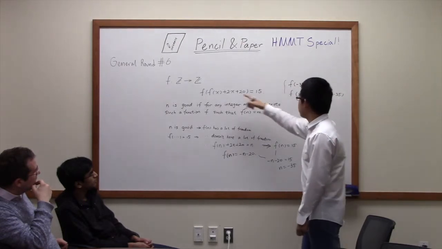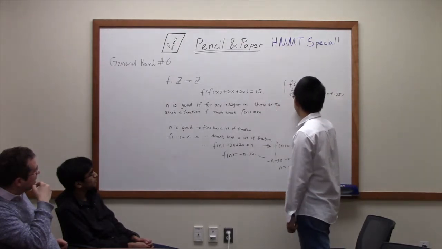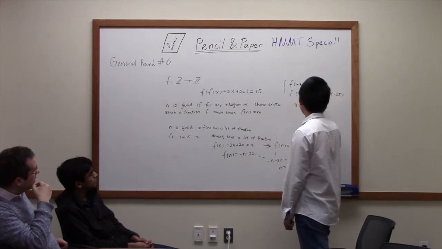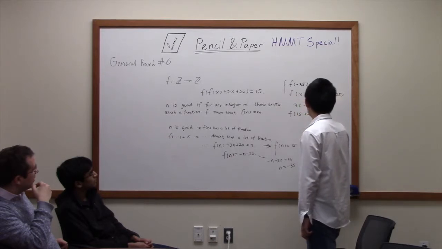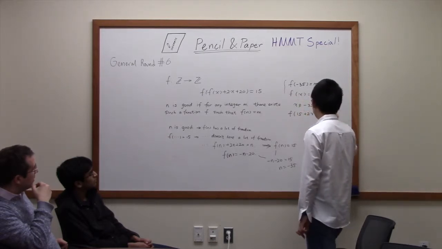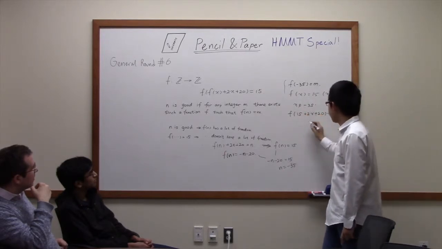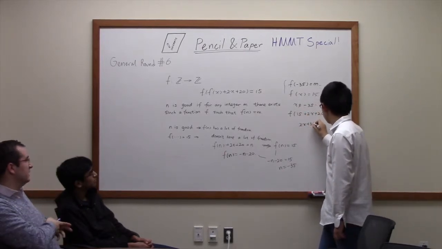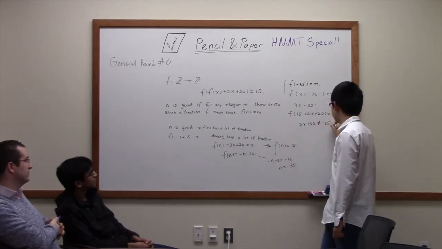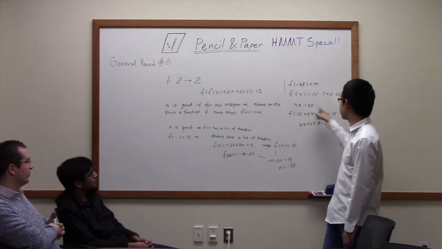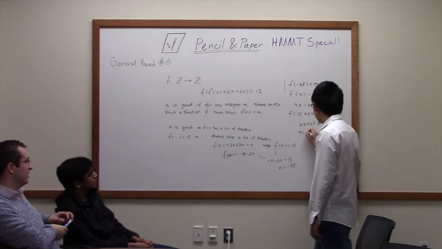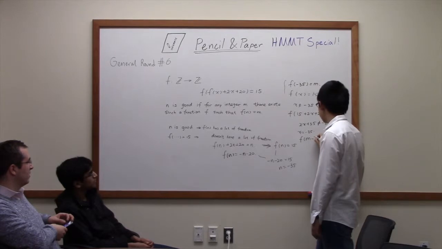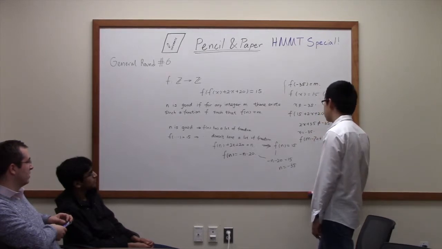So if we plug in x not equal to negative 35 inside, then we get f of 15 plus 2x plus 20 equals 15. And since x is not equal to negative 35, we can show that 2x plus 35 is also not equal to negative 35, which means that this thing is also 15. Now we plug in x equals negative 35. Now we have f of n minus 17 plus 20 equals 15.